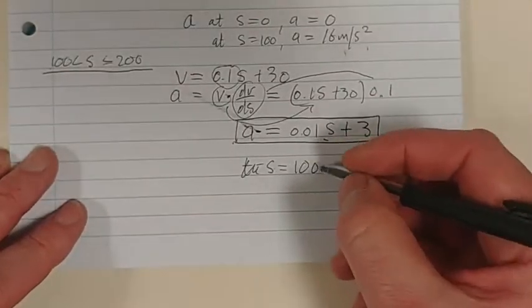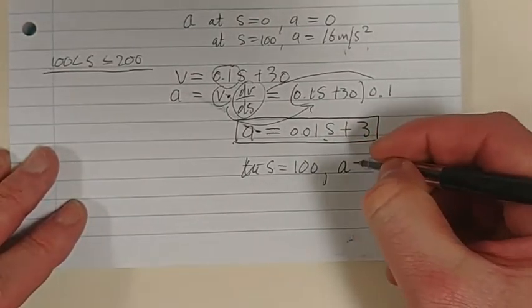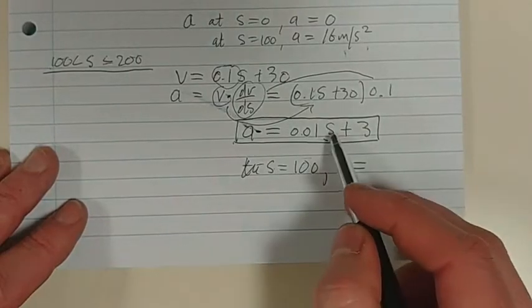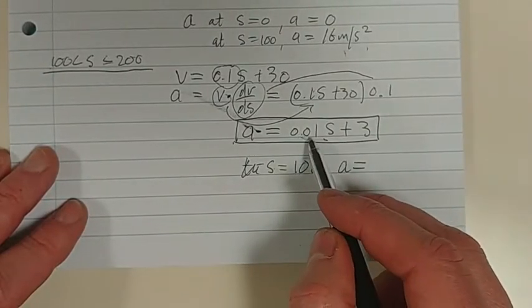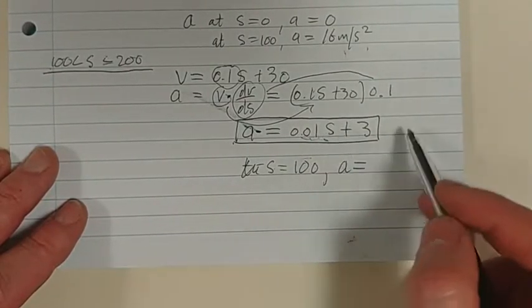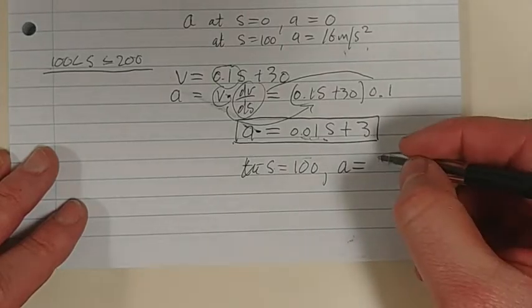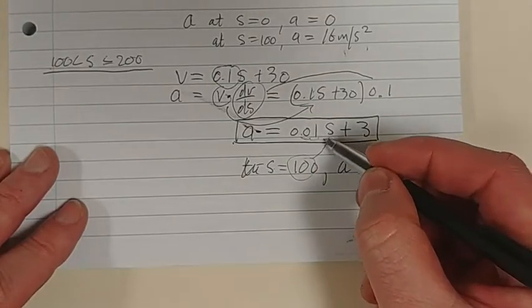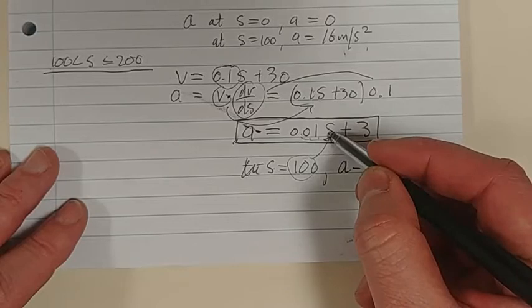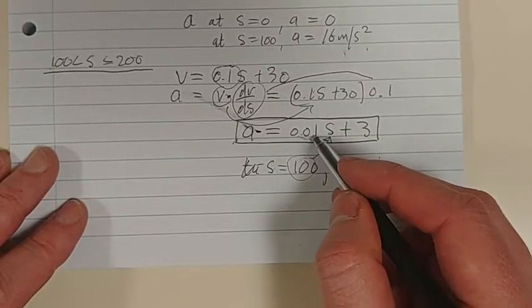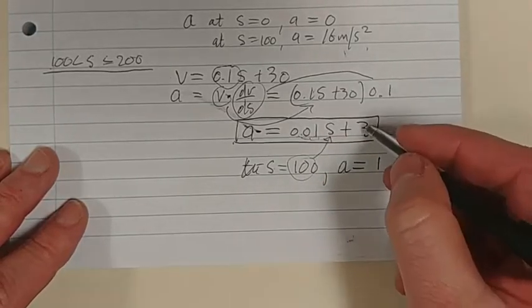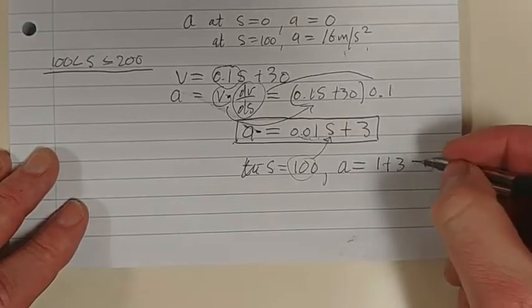At s equals 100, acceleration equals, I put 100 into there, 100 times 0.01 gives me 1 plus 3 is 4.